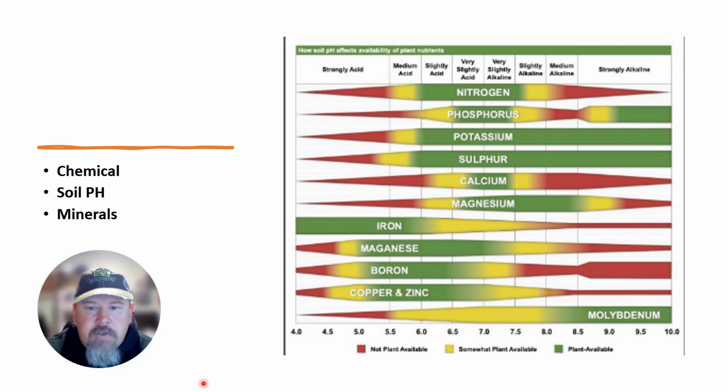And if our soils aren't in that area for that plant to thrive, then we're going to have to start thinking about what we can do in the long term to change that and what tools are available for us in the short term to work around that pH issue.